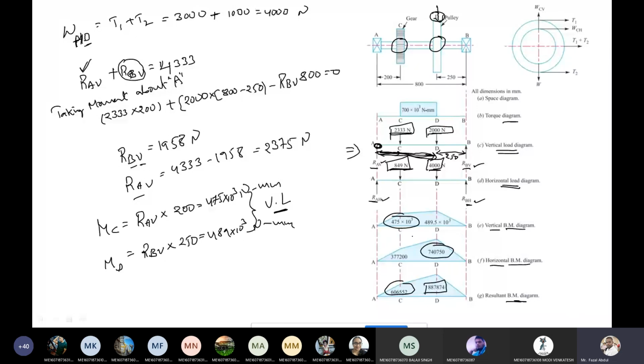See here, 475 we got at C point and 489.5 at D point. After getting answers like this, you need to represent them on the vertical bending moment diagram. Like that you need to draw after calculating.